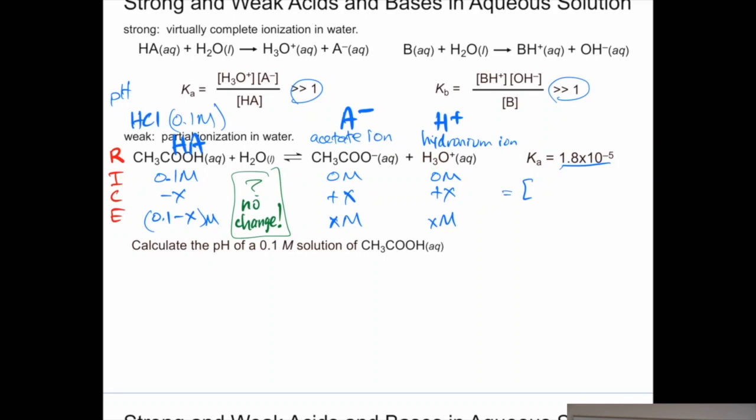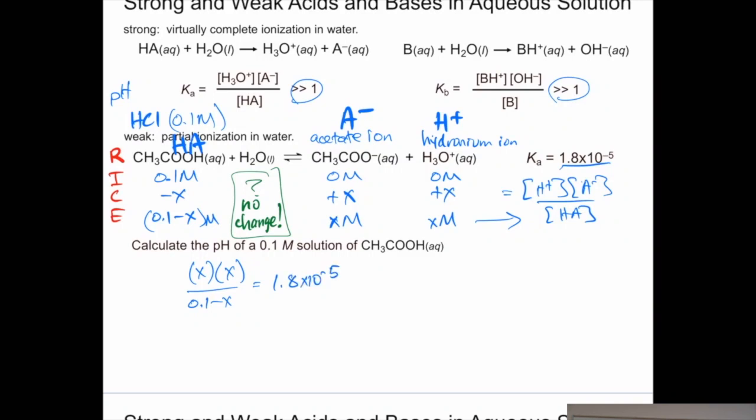So we know that this is equal to H plus multiplied by A minus, divided by the concentration of HA. And we know what all those are now. So let's plug all that in. All right, that's going to be H plus is X, and A minus is X, and HA is 0.1 minus X, and all of that's going to equal 1.8 times 10 to the minus fifth.